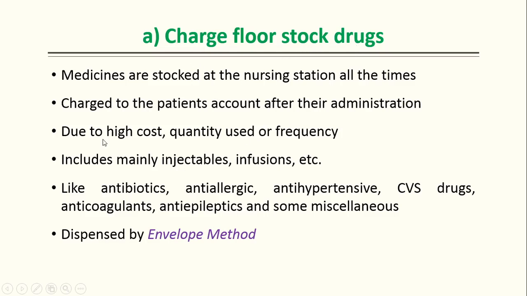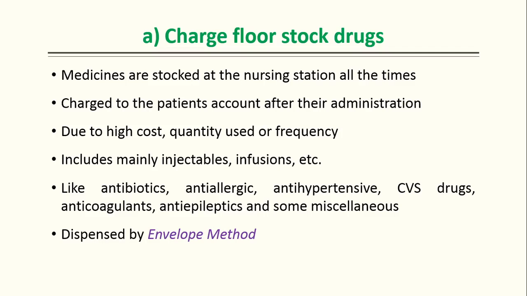It is due to the high cost of that particular drug and the quantity or frequency with which it is used for the patient. This may include some injectables and infusions, like antibiotics such as penicillin, amoxicillin or any other antibiotic. The cost of these antibiotics is high, so due to that reason it is directly charged to the patient.